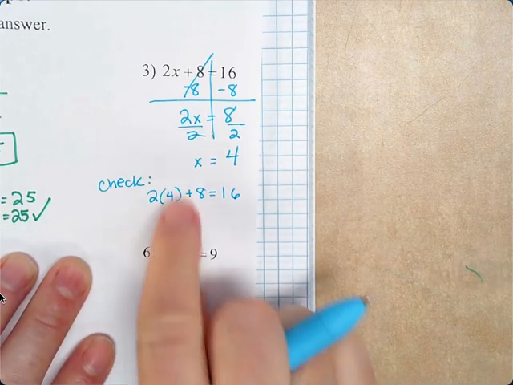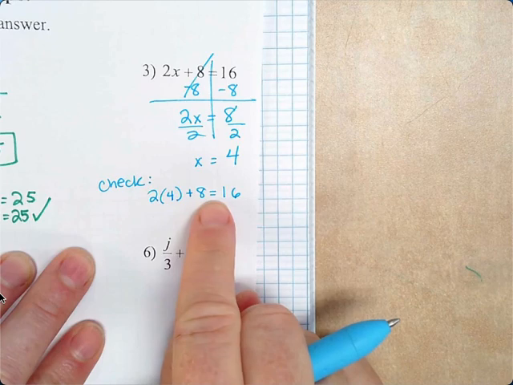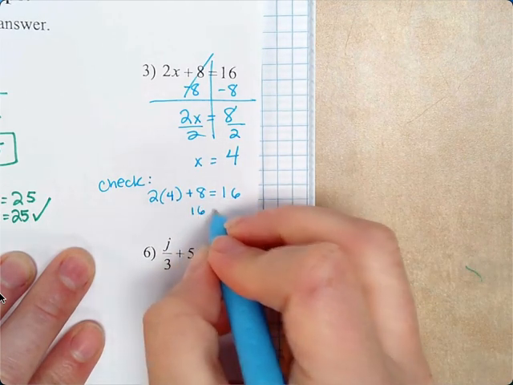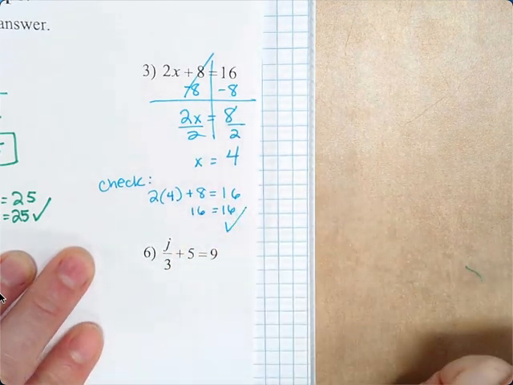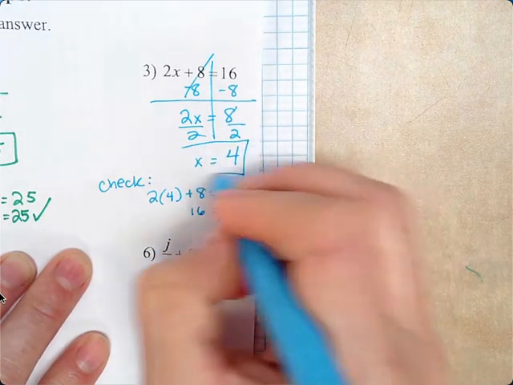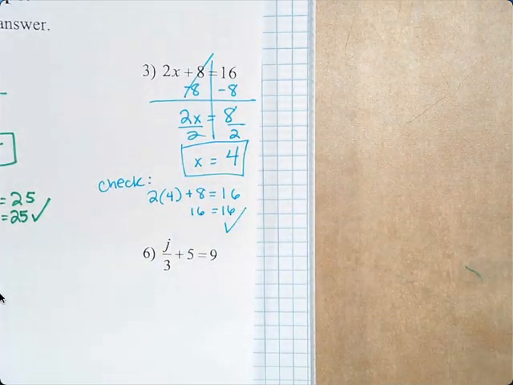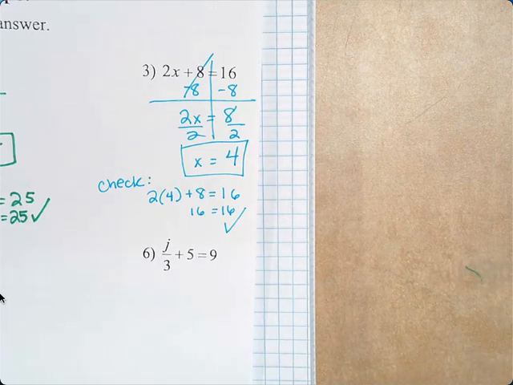What is 2 times 4 plus 8? So 16 equals 16. So we checked it. So put a little check mark. Put a box around x equals 4. Okay, so we're done with 1 through 3.